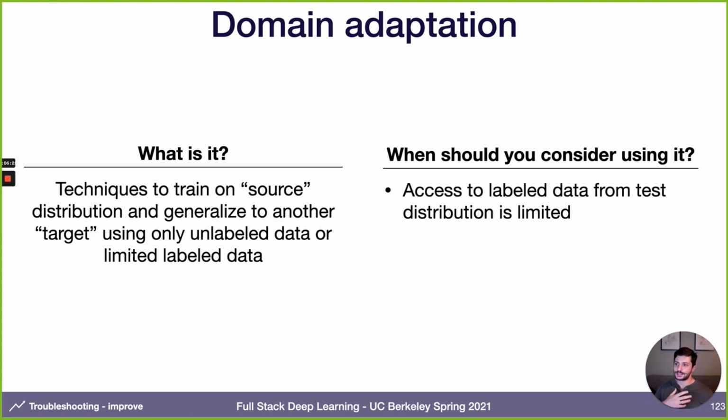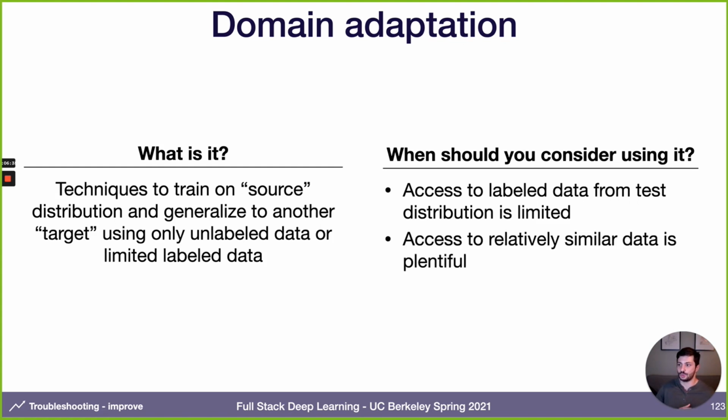If access to labeled data from the test distribution, so the distribution that you want to perform well on ultimately, is limited, but access to relatively similar data is plentiful, and maybe access to unlabeled data from the test distribution is also relatively accessible, then you can consider using domain adaptation techniques.